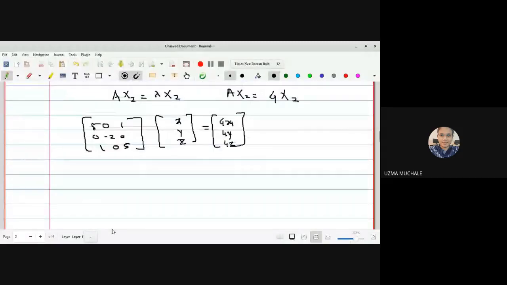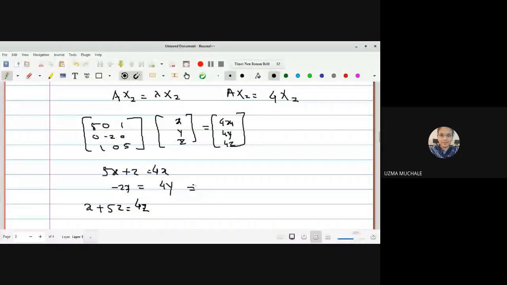So 5x plus z is equal to 4x, minus 2y is equal to 4y, and x plus 5z is equal to 4z.